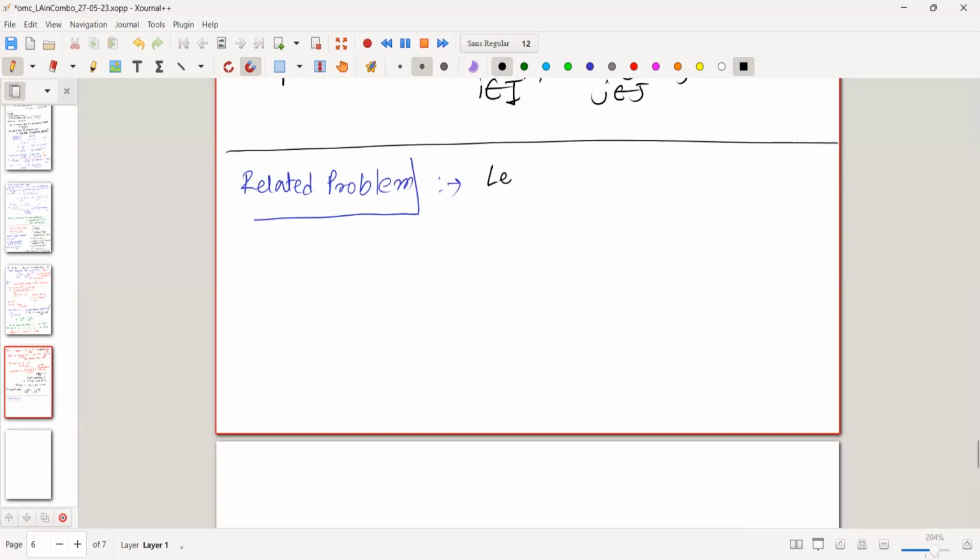Okay, so the next problem is a related problem. Let A1 up till Am be non-empty subsets of 1 to n. This notation is used for writing the set 1 up till n.